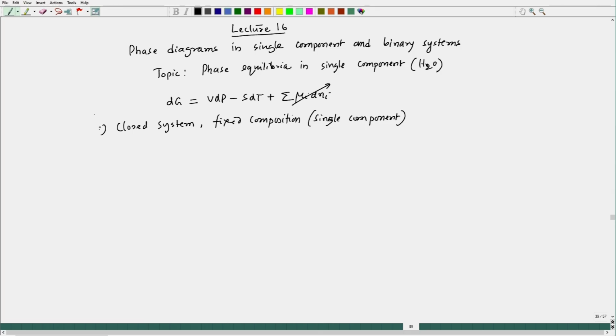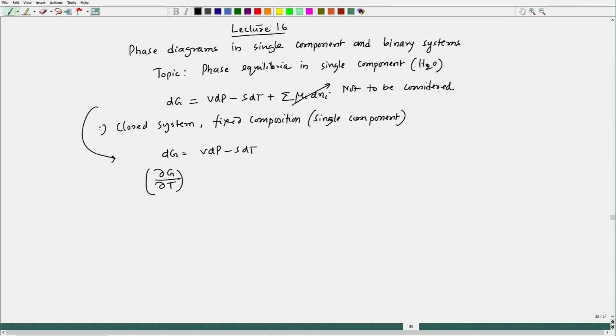So, I can write this as V dP minus S dT. We have seen this before also. So, this term is not to be considered.